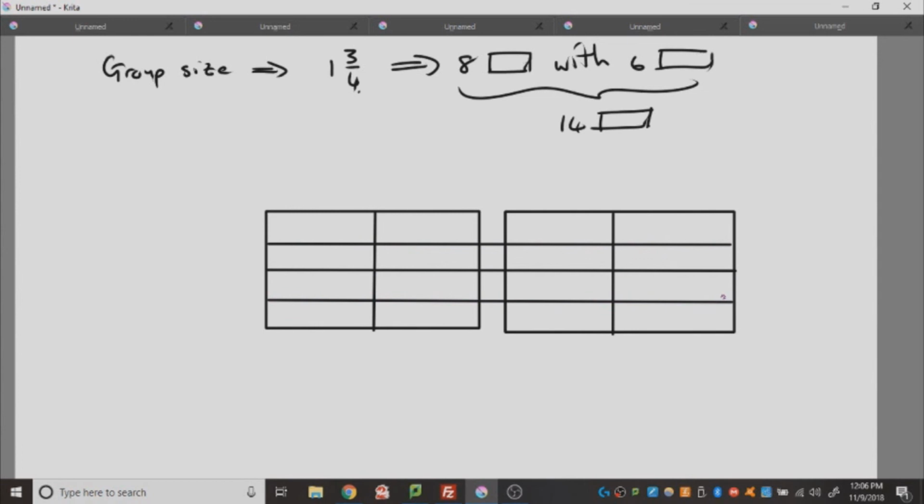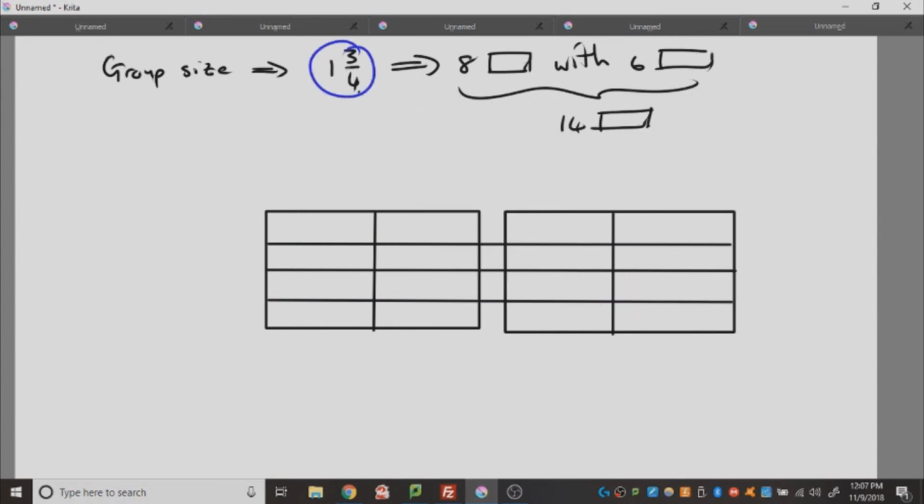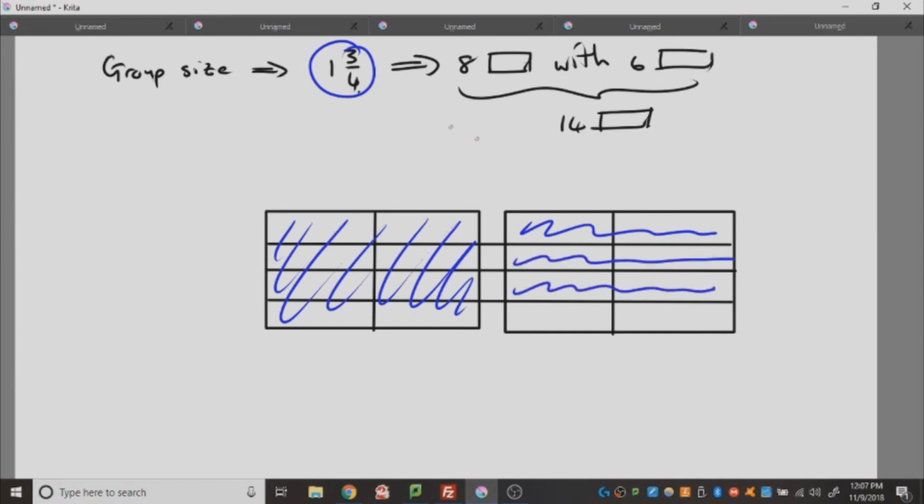And maybe coloring it something else is going to work for you. Let's maybe do blue. That's going to be 1 whole rectangle and another 1 row, 2 rows, 3 rows of the 4. How many do I have? 8 there, 6 there, 14. Maybe that helps.